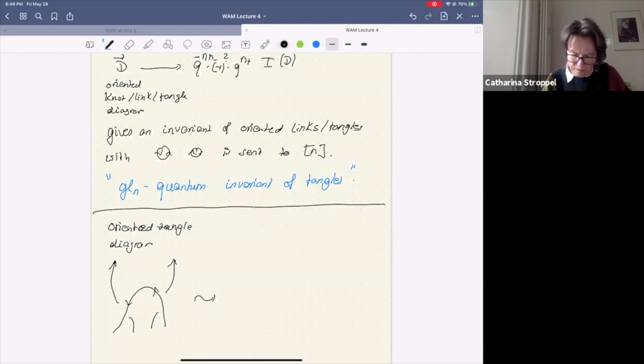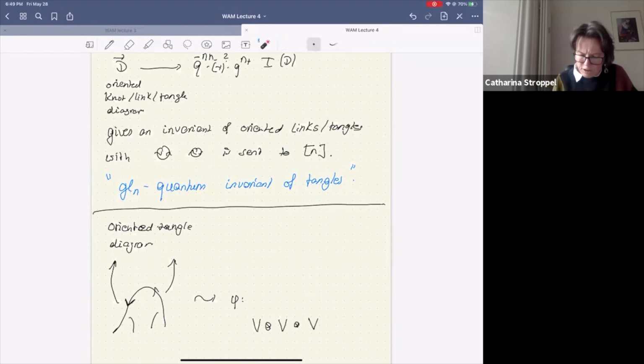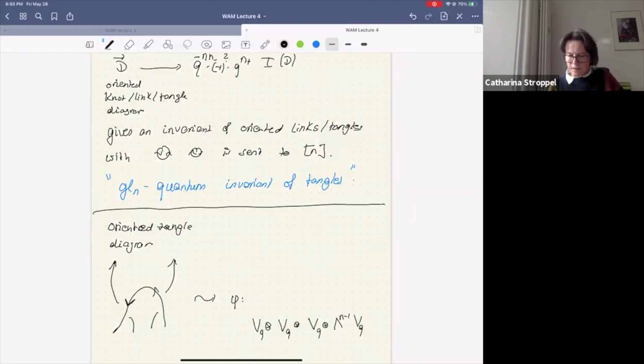What I do is I get a map phi, which starts from this strand here, which is a down-going one, which is a V. Then I have another strand, which is another V. Then I have another strand, which is another V. And then I have a strand which goes up, which is a dual of V, or in other words, the n minus first power of V. And if you want, you can quantize. And then you do this map.